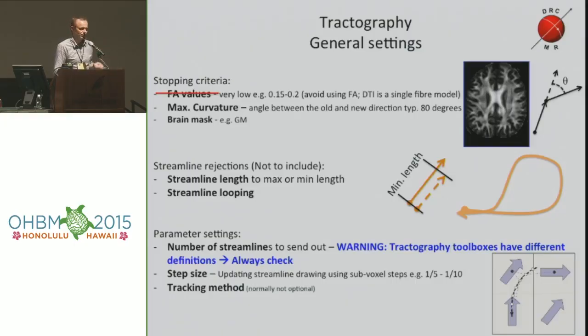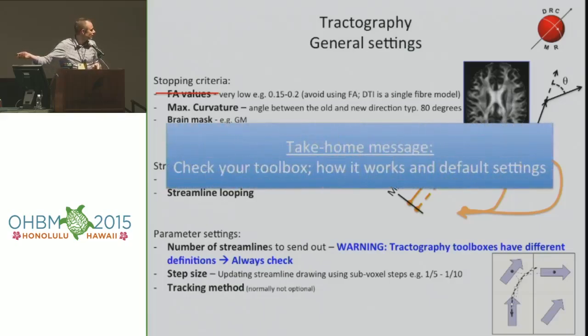Then we have the step size, as I said before. You just need to ensure it is short enough, 1/5 or 1/10 of the voxel size. You can go very short, but then you just waste time. And then, of course, you can select the tracking method, but often the different toolboxes have selected that for you. So the take-home message here: check your toolbox, how it works, and the default settings.